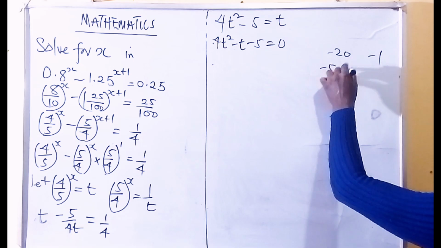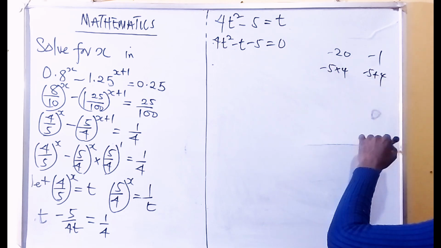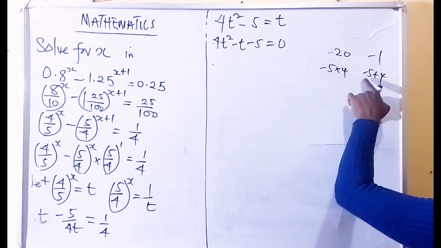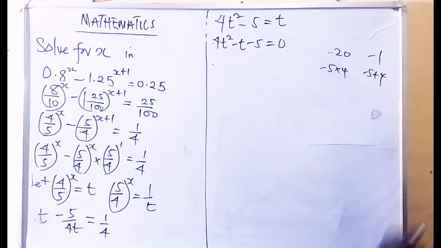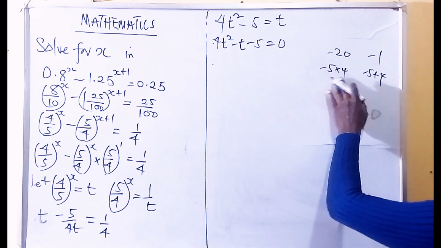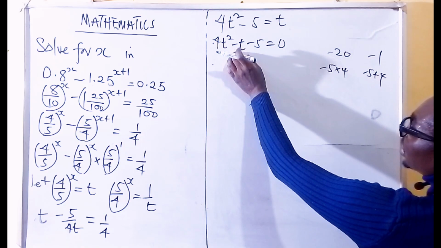So we have minus 5 and 4. Minus 5 times 4 gives you minus 20, and minus 5 plus 4 gives you minus 1. So the two factors are minus 5 and 4, and we split the middle term of this equation.